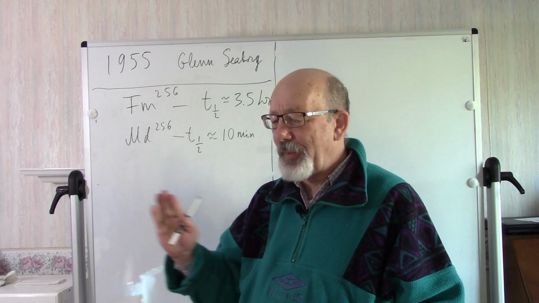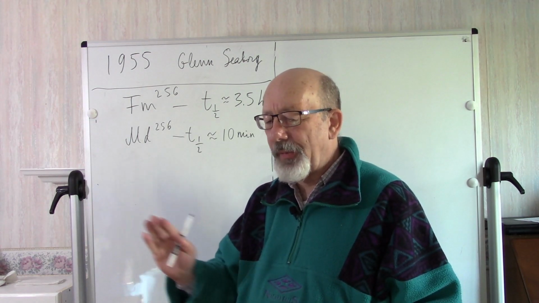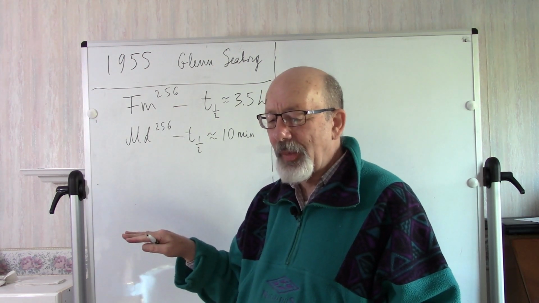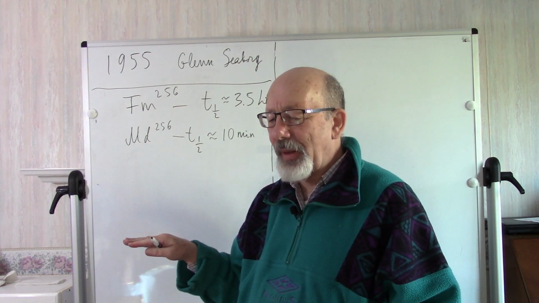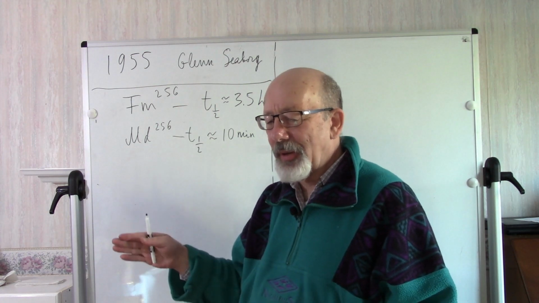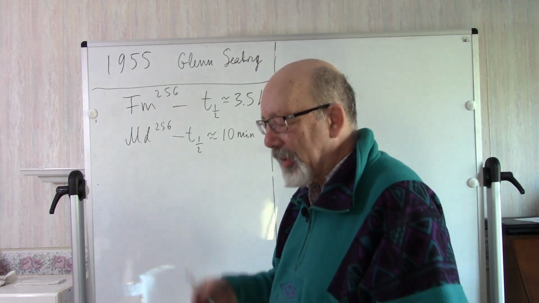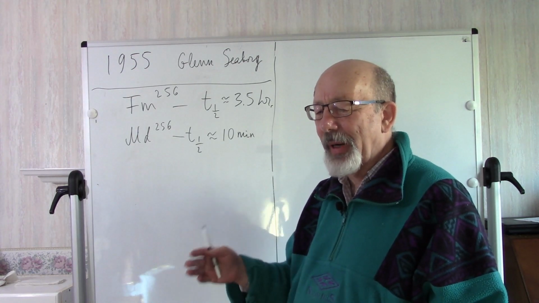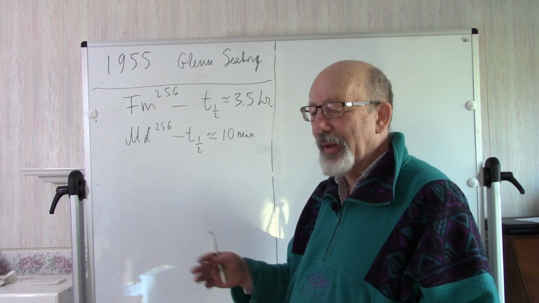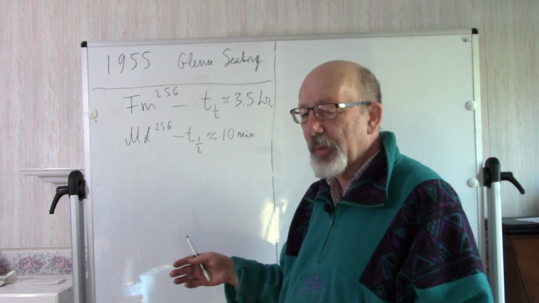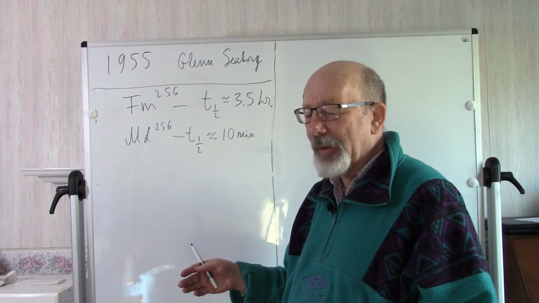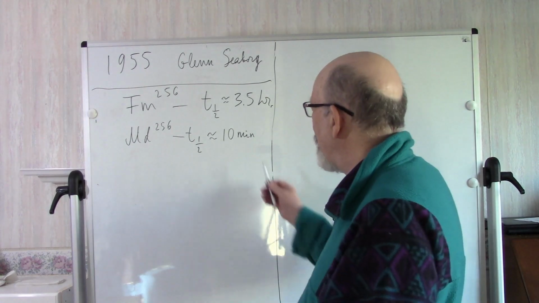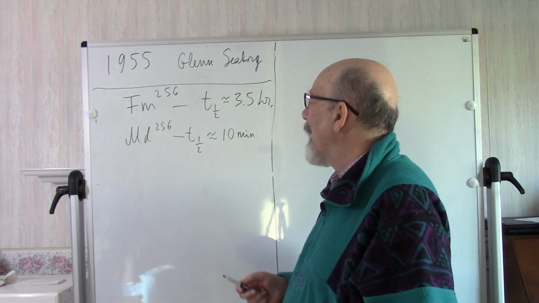It was a piece of gold foil with a small amount of Einsteinium. Then it was bombarded in the cyclotron. Then it was dissolved in acid, and they chemically separated Einsteinium and the Mendelevium which was obtained there. So it was a race against time because of this short time.